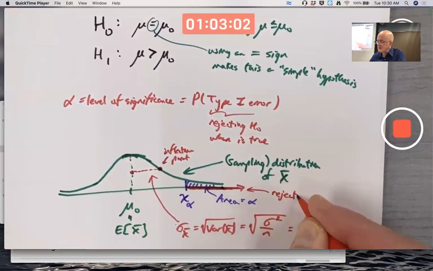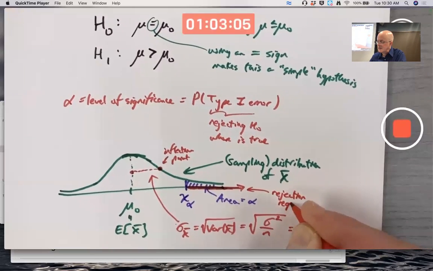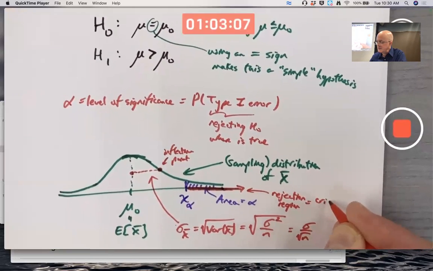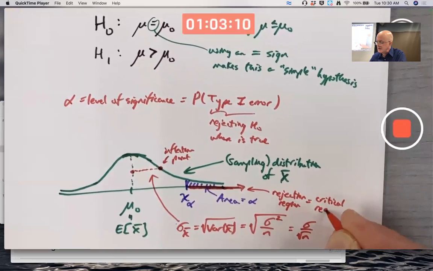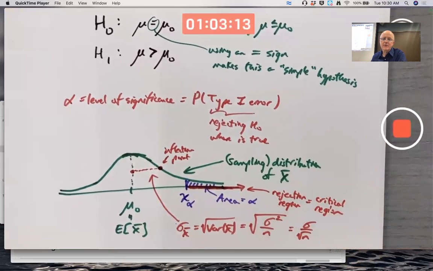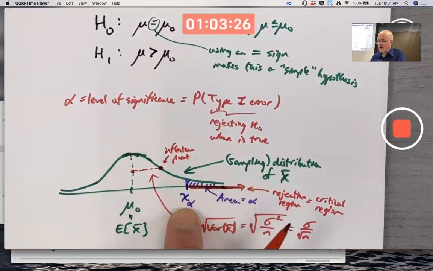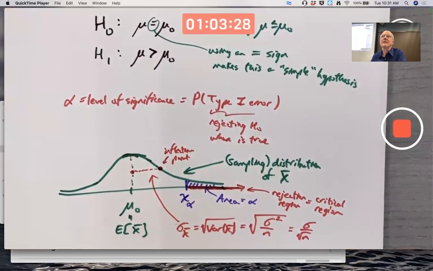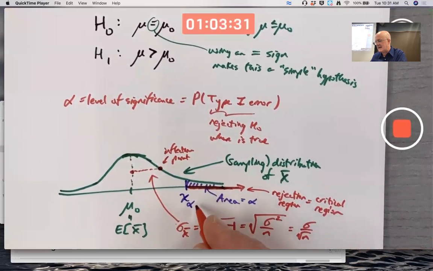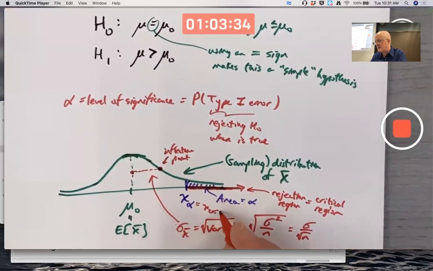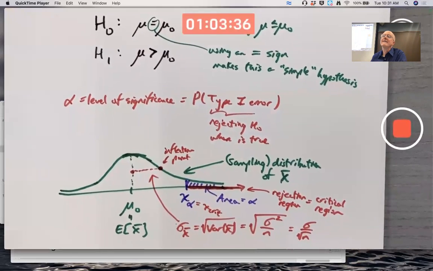Rejection region or critical region. If we get an observed value of X bar based on a random sample of numbers, talking data here, in this region greater than or equal to X sub alpha, which some books call X sub crit for critical point, then we will reject the null hypothesis.